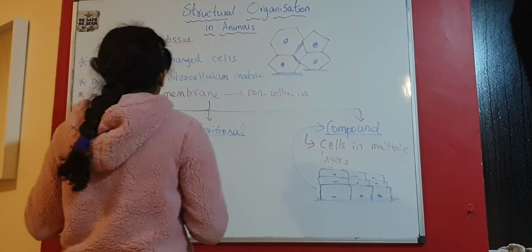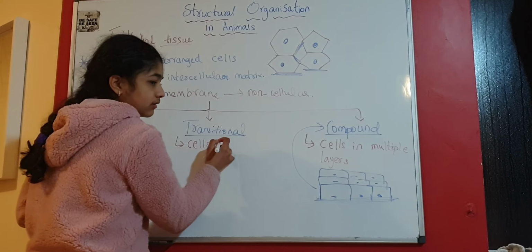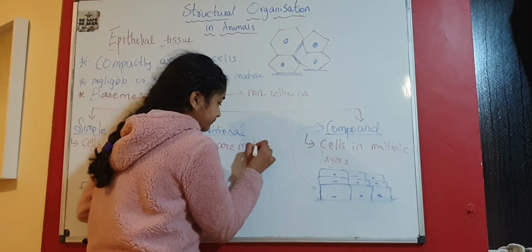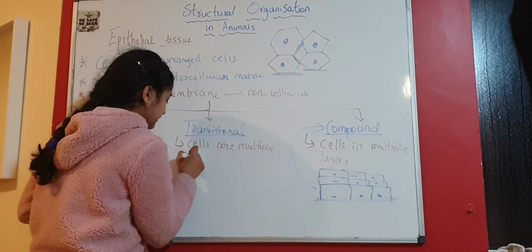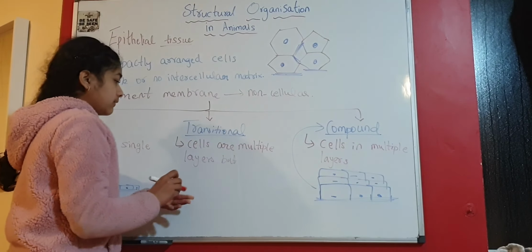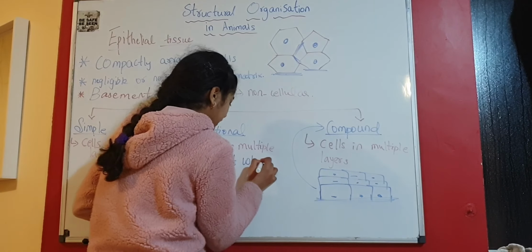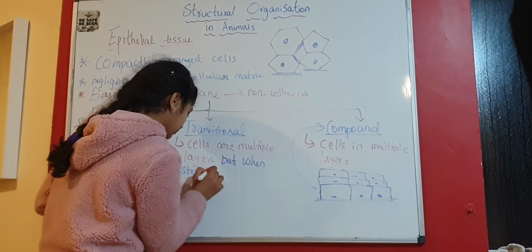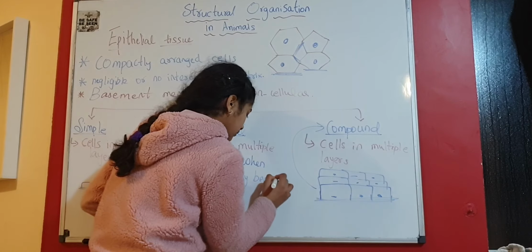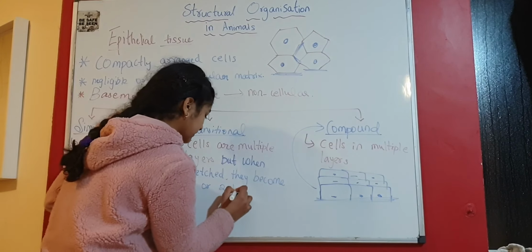Transitional epithelium means here cells are usually in multiple layers, but when they are stretched, they become 1 or 2 layers.